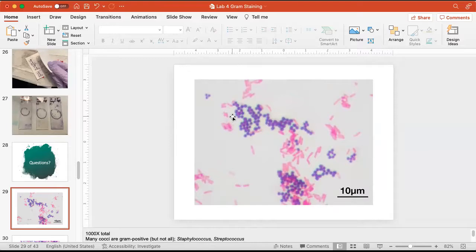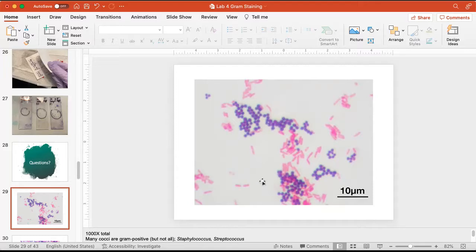One of the organisms on the smear is purple, and one of the organisms is pink. So on this one smear, we have an example of what gram positive looks like and what gram negative looks like. This is the gram positive purple color, and this is the gram negative pink color. Those are the two colors that we're looking for when we evaluate a smear that has been gram stained.